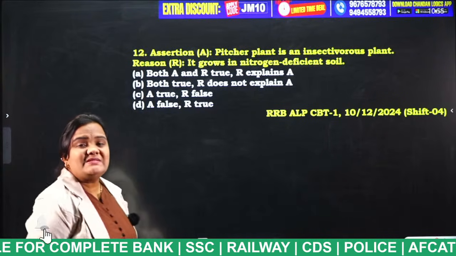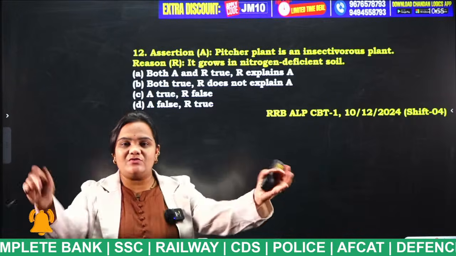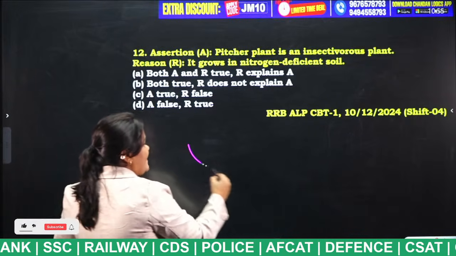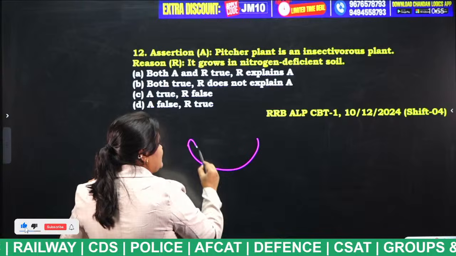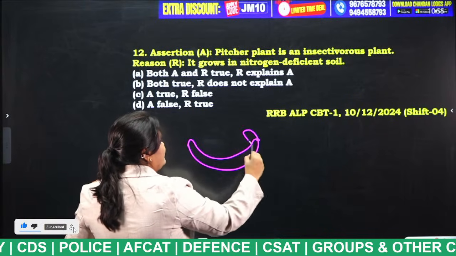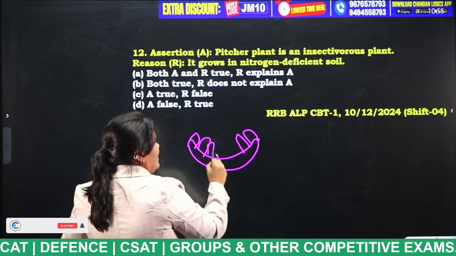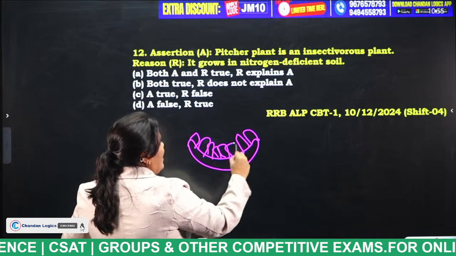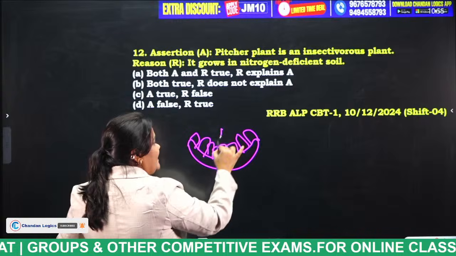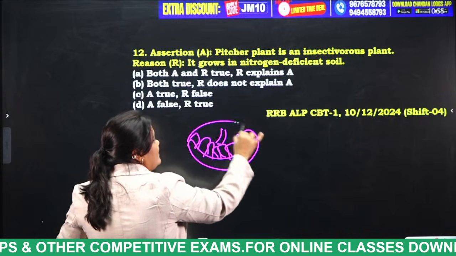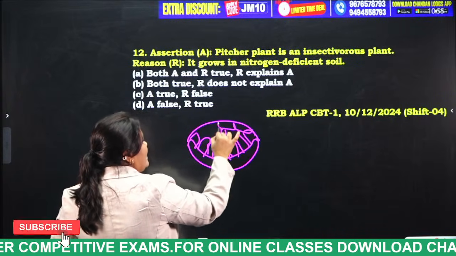So there will be some plants, students. How will the plants be? It will be in this manner, and it consists of some teeth-like structure. So what happens when the insect lands on this? This plant will be closed.